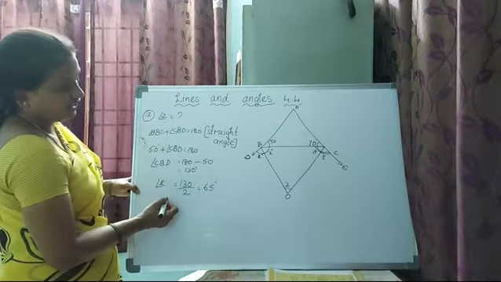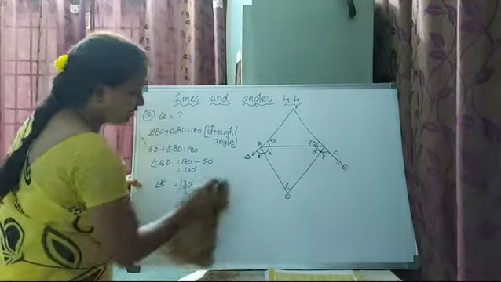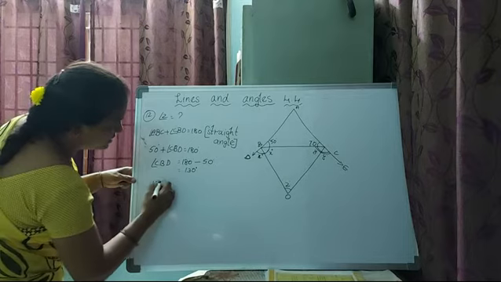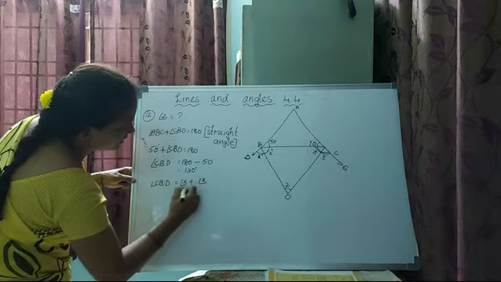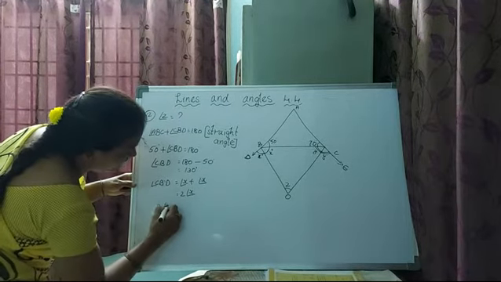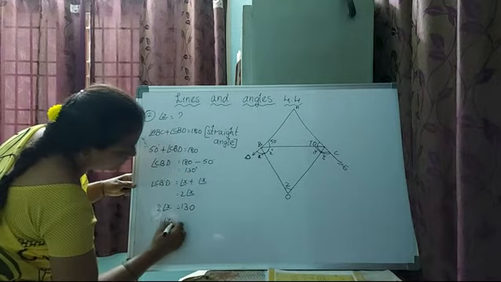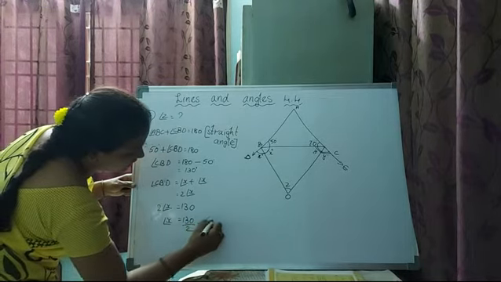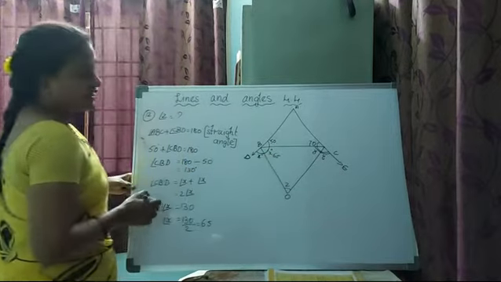In another way also we can write angle CBD is equal to angle X plus angle X, that is 2 angle X. So 2 angle X is equal to 130 degrees. So angle X is equal to 130 by 2, that is 65 degrees. Each angle is 65. Angle X is equal to 65 degrees.